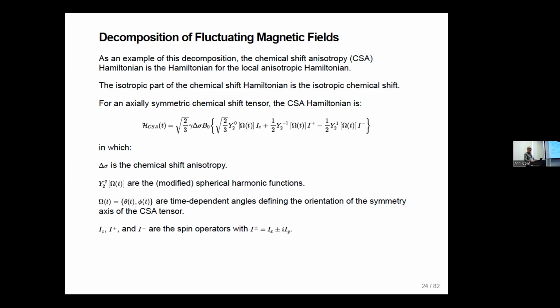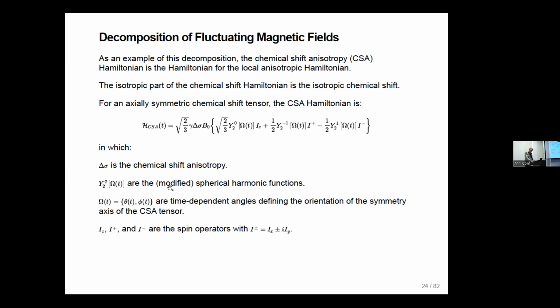So this assumes, again, we don't want to get into too much detail before Anne talks about tensors, an axially symmetric CSA tensor. So we have a symmetry axis, and theta and phi orient the symmetry axis of the tensor in the laboratory frame. So our CSA looks like a football rather than a potato, which would be more complicated.